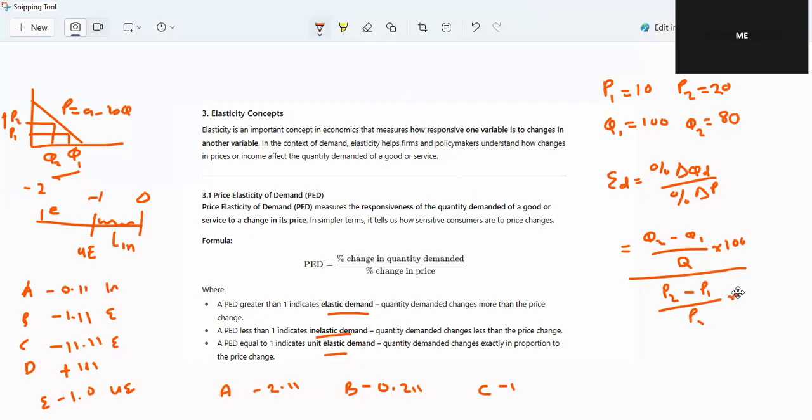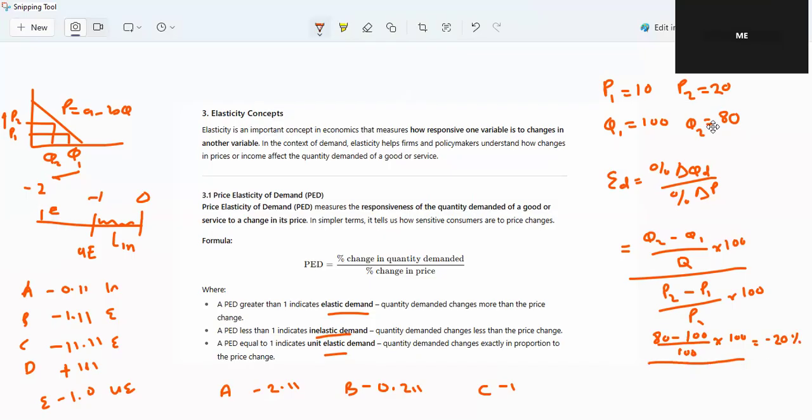So what is our Q2? 80 minus 100 over 100, times 100%. We're going to get what? Negative 20%. That's a percentage change in quantity.